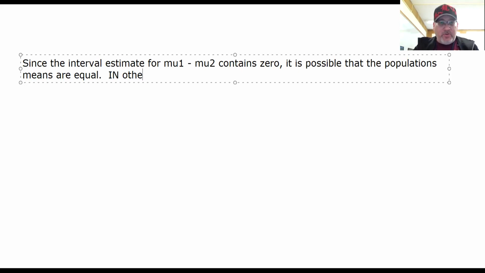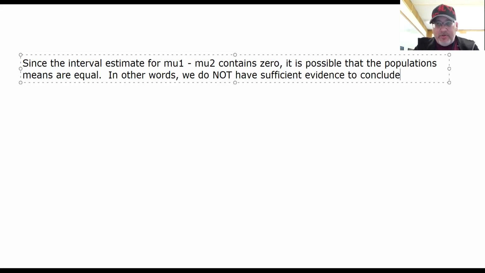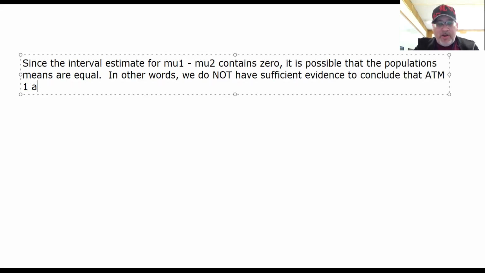So in other words, we do not have sufficient evidence to conclude that ATM1 and ATM2 are used differently on a daily basis, since we were looking at daily averages.